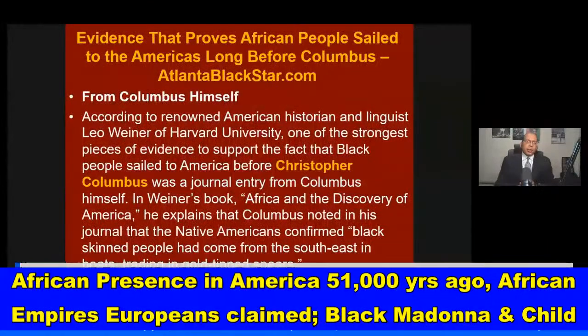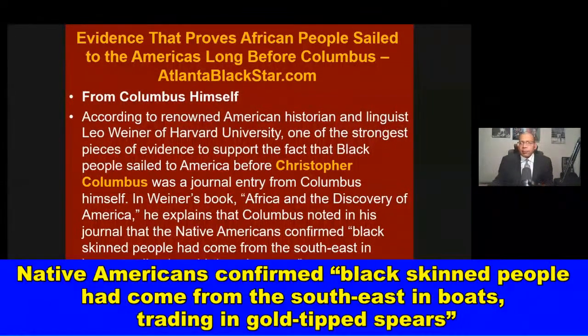According to renowned American historian and linguist Leo Weiner of Harvard University, one of the strongest pieces of evidence to support the fact that African people or Black people sailed to America before Christopher Columbus was a journal entry from Columbus himself in Leo Weiner's book, Africa and the Discovery of America.